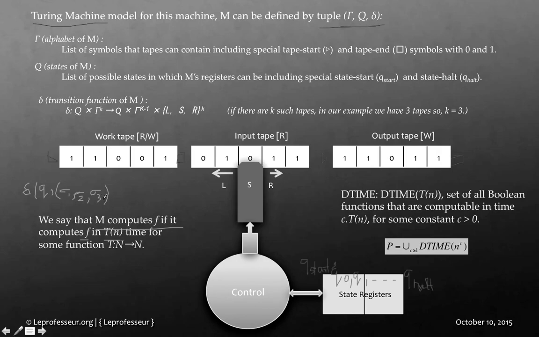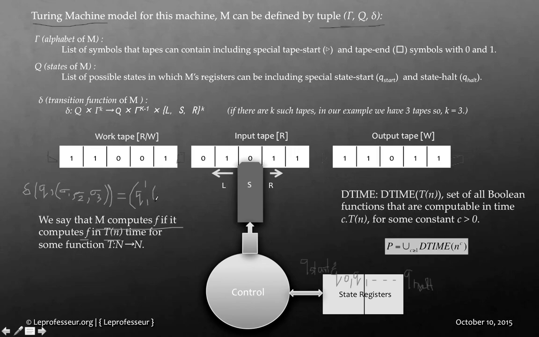If we have k tapes, then we can keep on going up to sigma k. And this is the transition function delta. We are in state Q, we are reading these symbols from the tapes, and we are going into a new state, let's say Q tick.